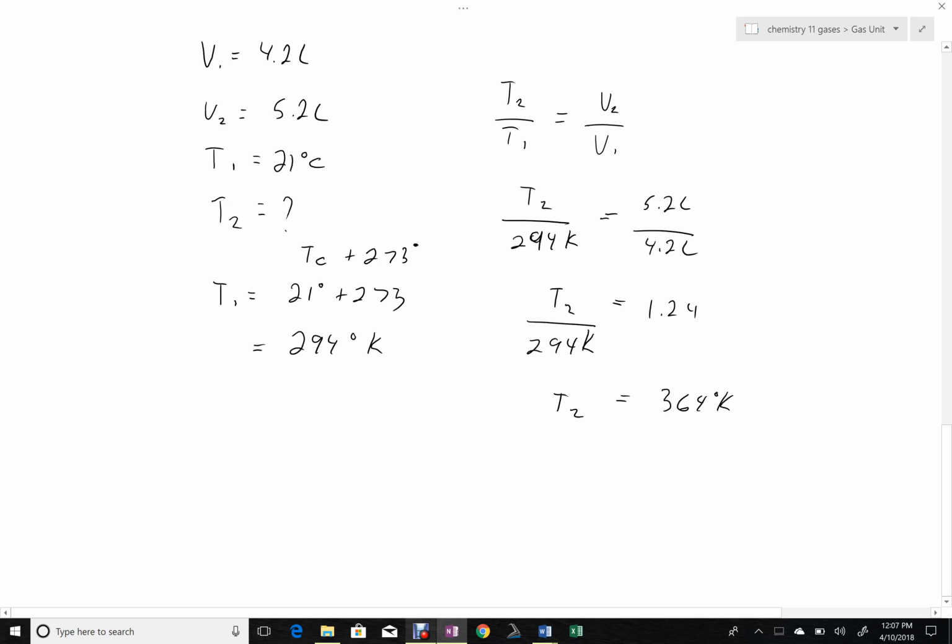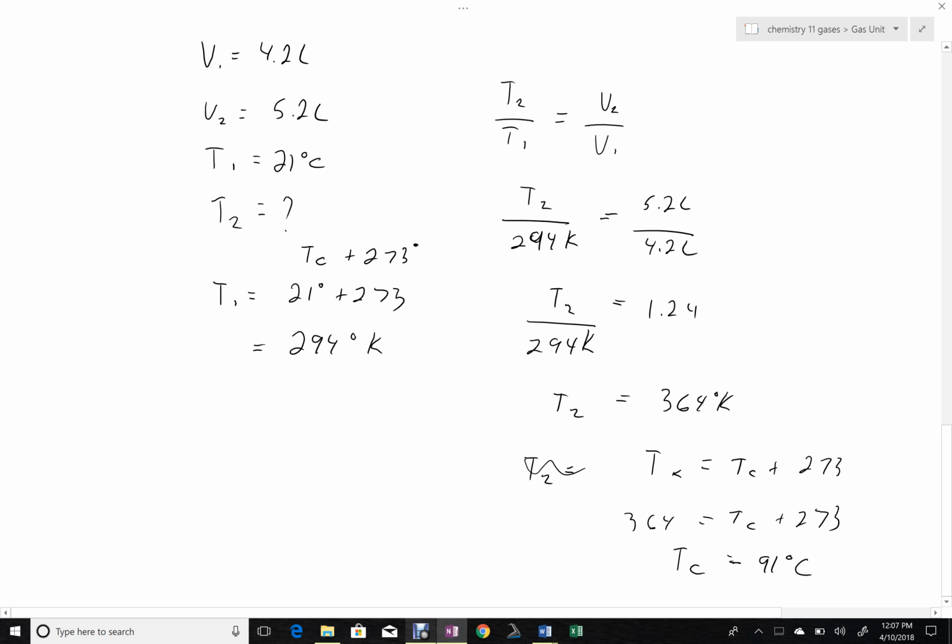So let's convert this back to Celsius so we can see a more meaningful number. Temperature in Kelvin is equal to the temperature in Celsius plus 273. So 364 is equal to temperature in Celsius plus 273. So my temperature in Celsius is 91 degrees Celsius.